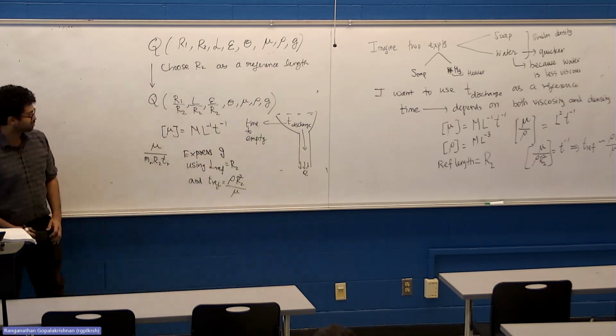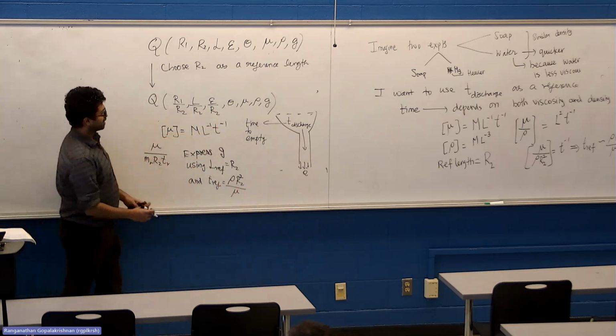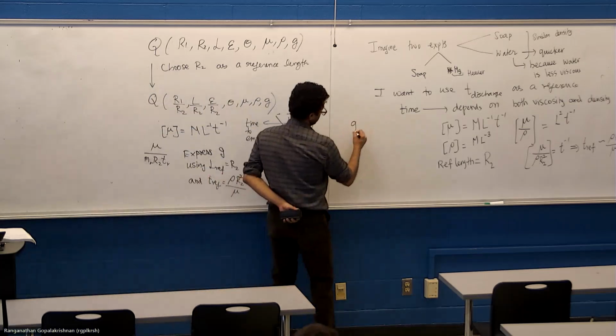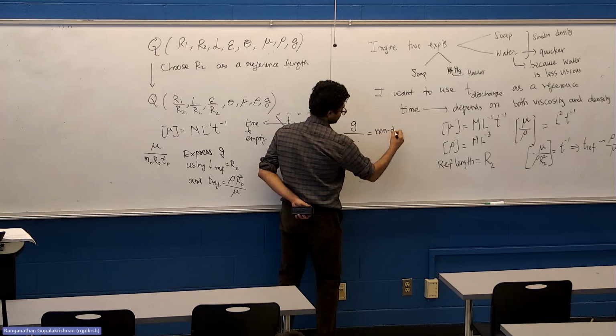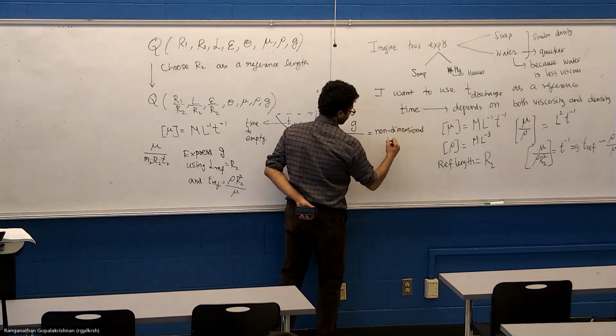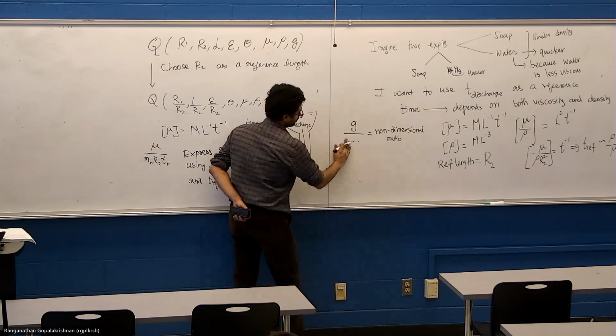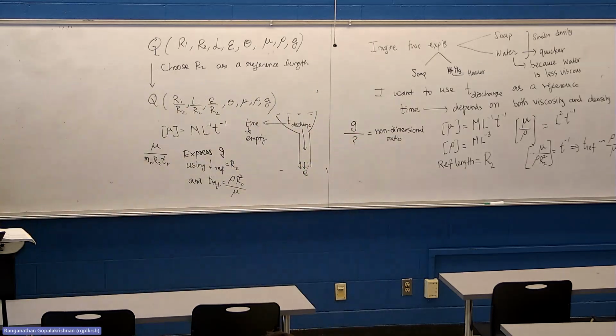Can you do that? Can you normalize G? That is, express G divided by something that will give you a non-dimensional ratio. Can you try that? What should you divide G by to get a non-dimensional form of G?